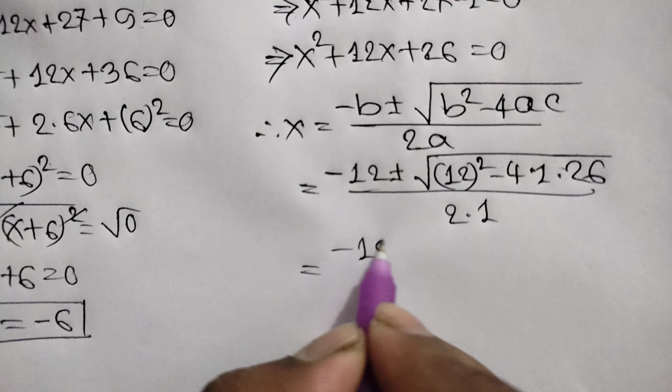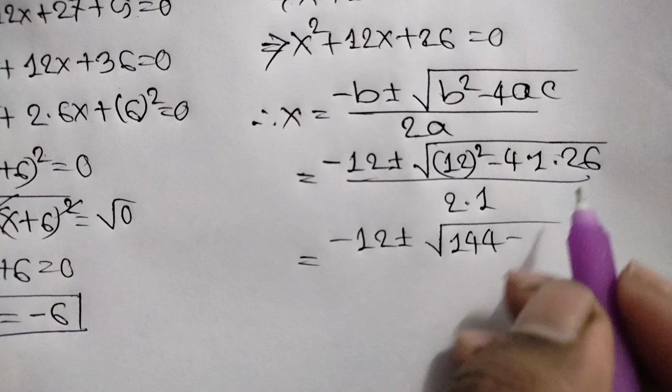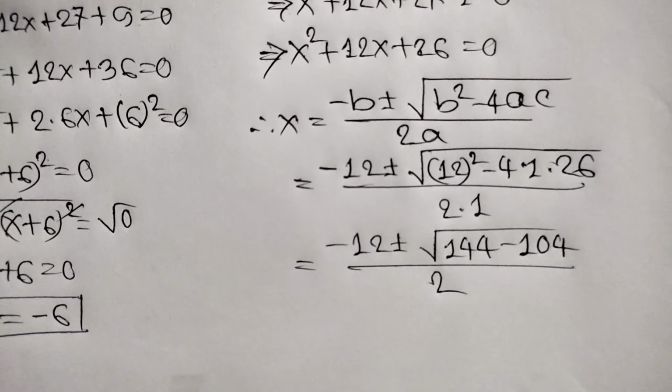That is minus 12 plus or minus the square root of 12 square, that is 144, minus 4 times 1 times 26, that is 104, over 2 times 1, that is 2.